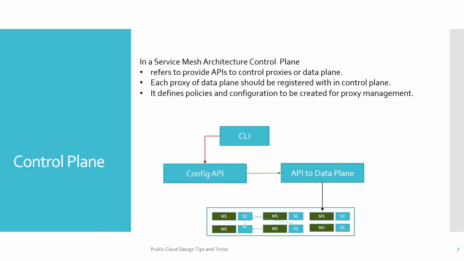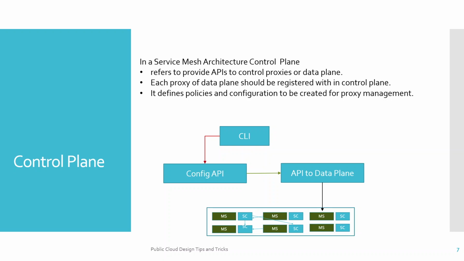Now, coming to the control plane. The control plane provides APIs to control the proxies or data plane. The proxies run within the data plane, as we discussed, so how do we control or manage that from a control plane? Each proxy of the data plane should be registered with the control plane. Let's say there are 10 proxies running in the data plane area, they should be registered in the control plane for management. It also defines policy and configuration to be created for proxy management.